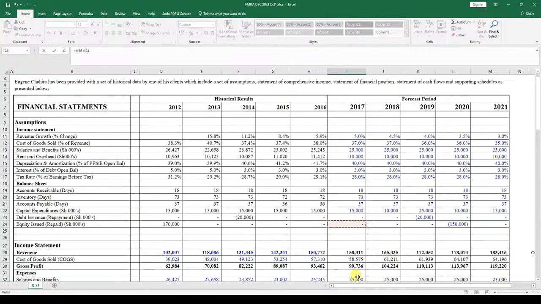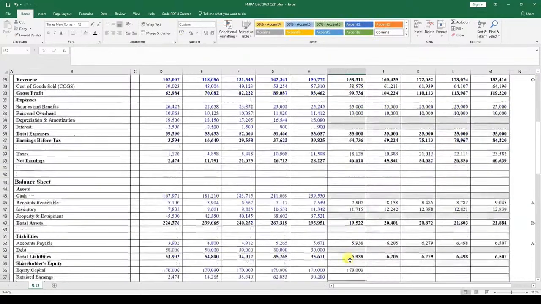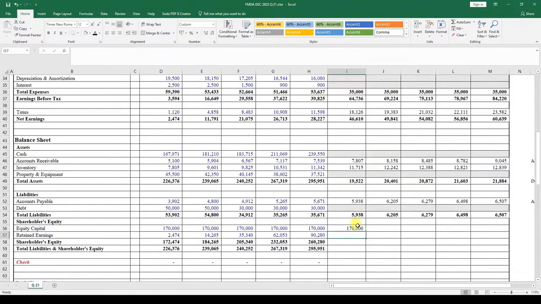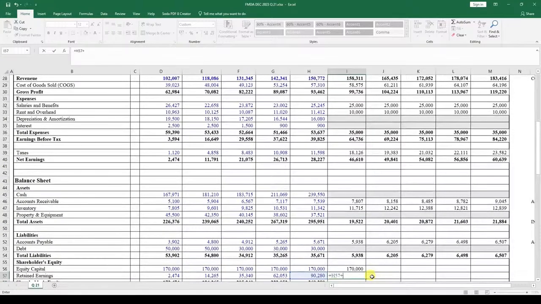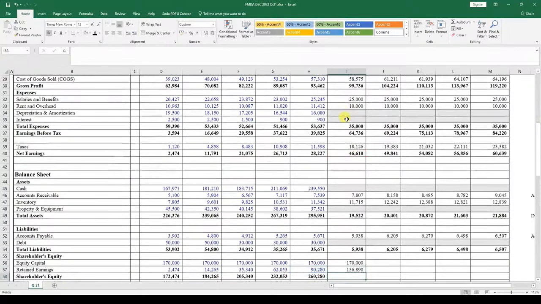There is, so we link it over here, and we enter. The retained earnings is driven by the previous retained earnings plus the net earnings for the current year, which is this one here. Remember, this value is going to change because of depreciation and interest. Enter.